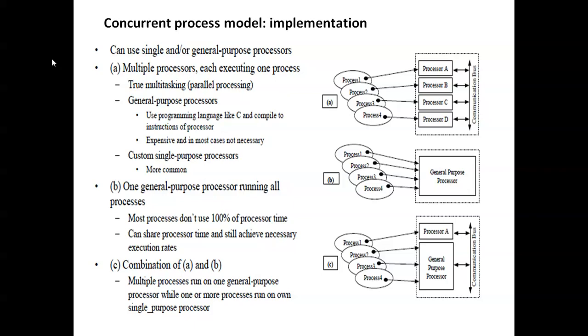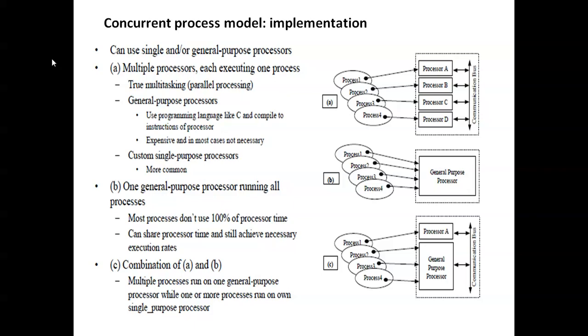The third is a combination of A and B. We saw A, where each processor runs one process. The second one has a processor running multiple processes. The third one combines these two, so multiple processes run on one general purpose processor, while one or more processes run on a single purpose processor.